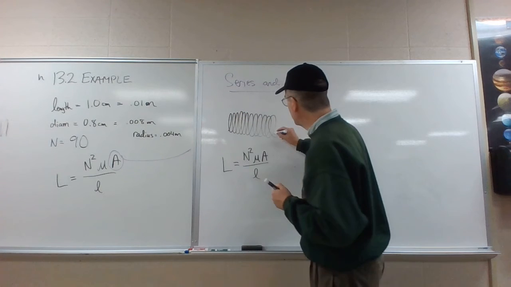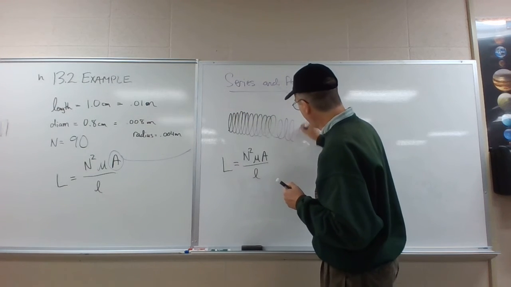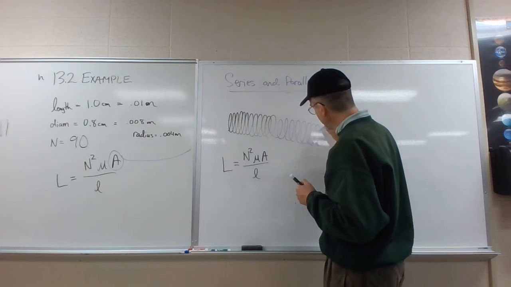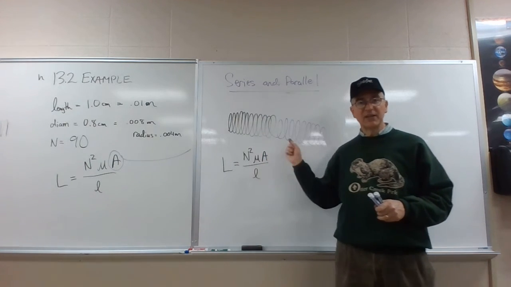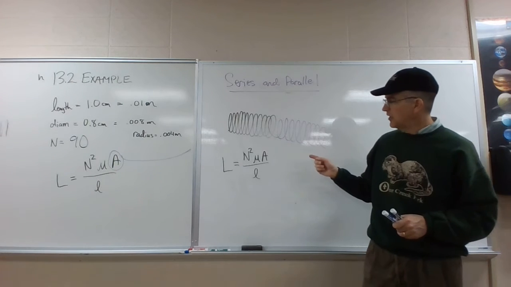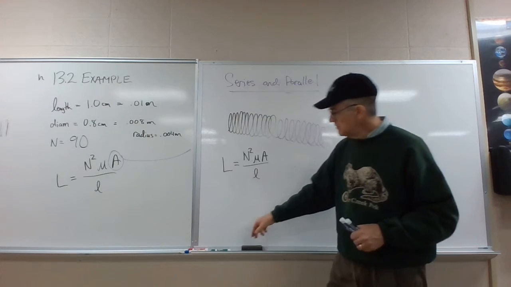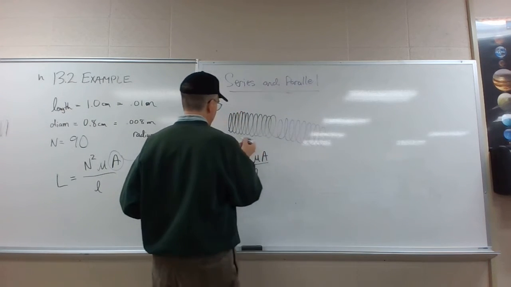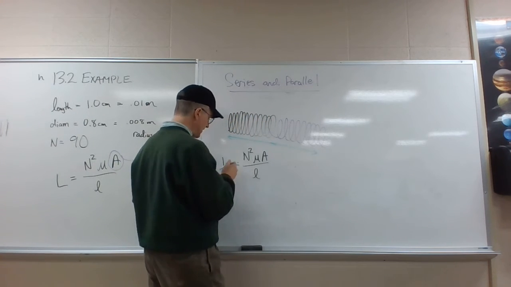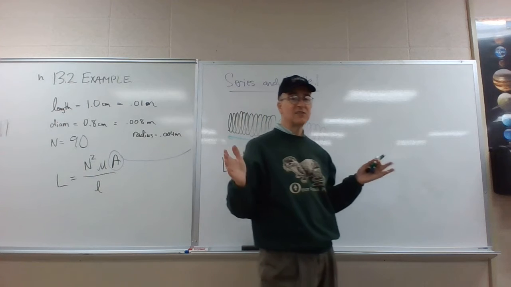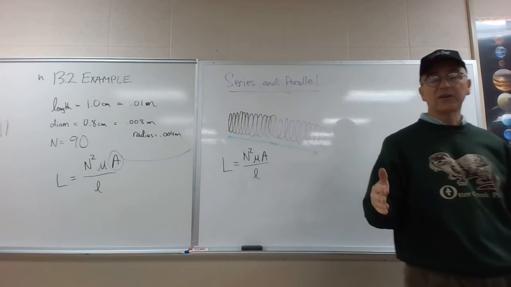Imagine I just extend it, make it longer. This is like a series connection, one inductor connected to another. So you might say, well, L is the length, and the longer it is, the less the inductance. So shouldn't adding in series make the inductance weaker?